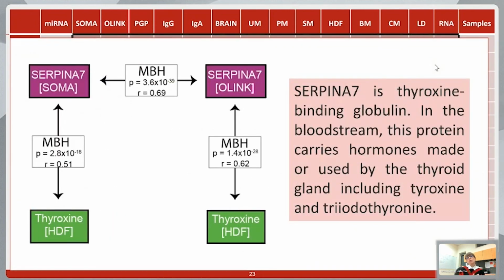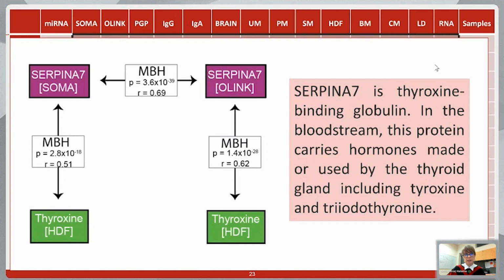So now also very briefly about the biological relevance of the mutual best hits, which you can see here. What I'm showing here is the mutual best hits which were identified between serpin A7 and thyroxine. Serpin A7 is thyroxine binding globulin and is serving as a carrier for different hormones to be delivered to the thyroid gland.